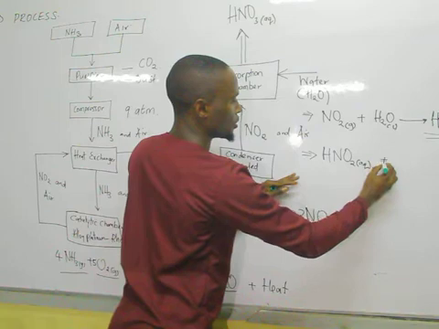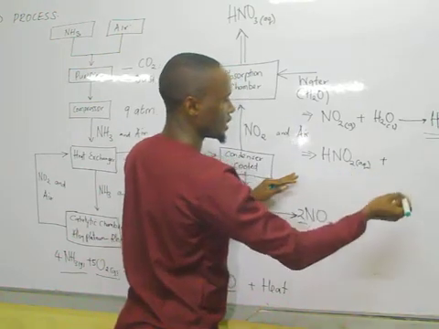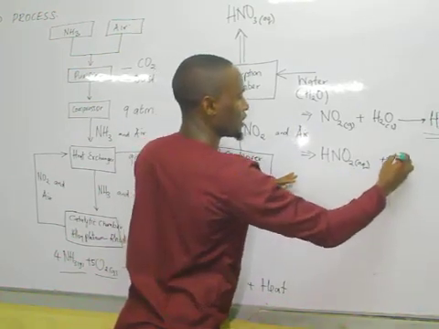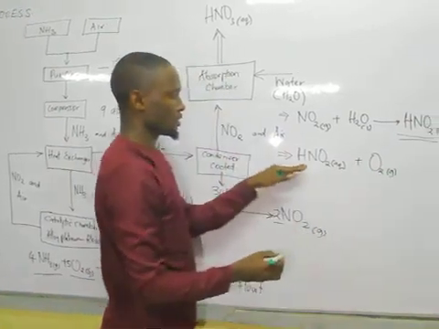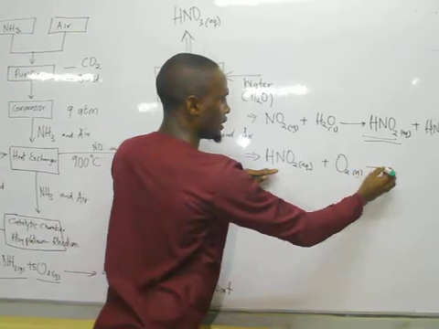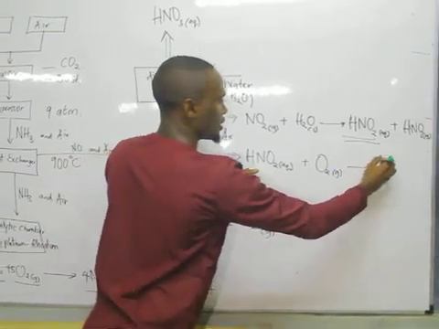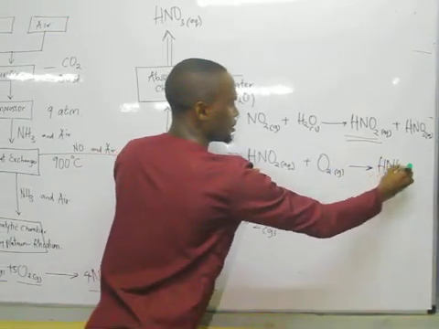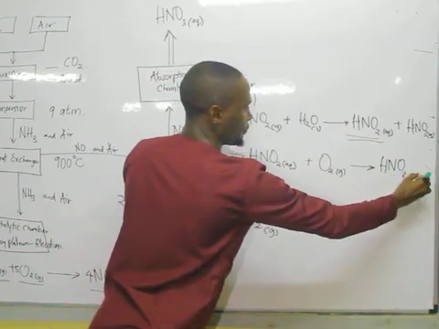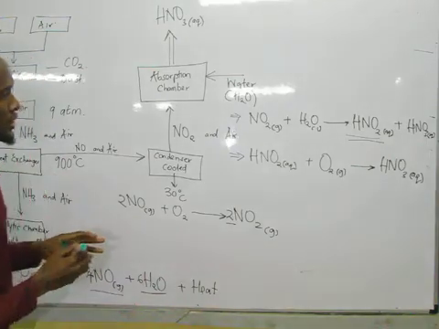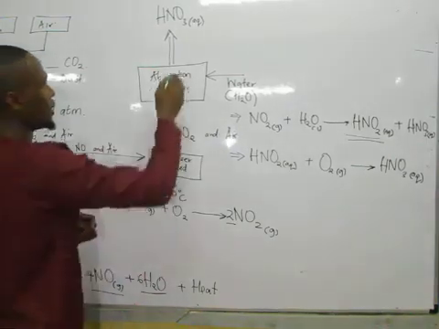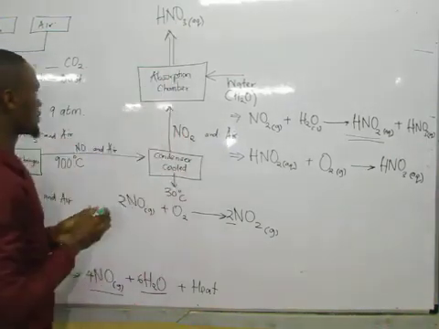In this equation, nitrous acid reacts with oxygen in that air, and nitrous acid is again oxidized to nitric acid. That means again we collect the nitric acid in this chamber.